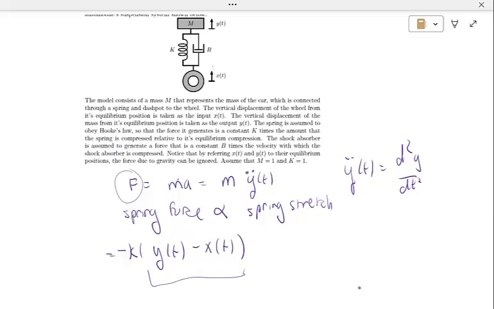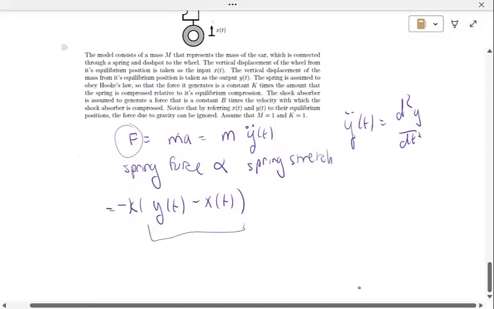Now we also have what they call a dashpot. The dashpot is the velocity dependent force. So the dashpot force is going to be related to the velocity. And the total velocity of the dashpot is going to be the difference between the velocity of y and the velocity of x.